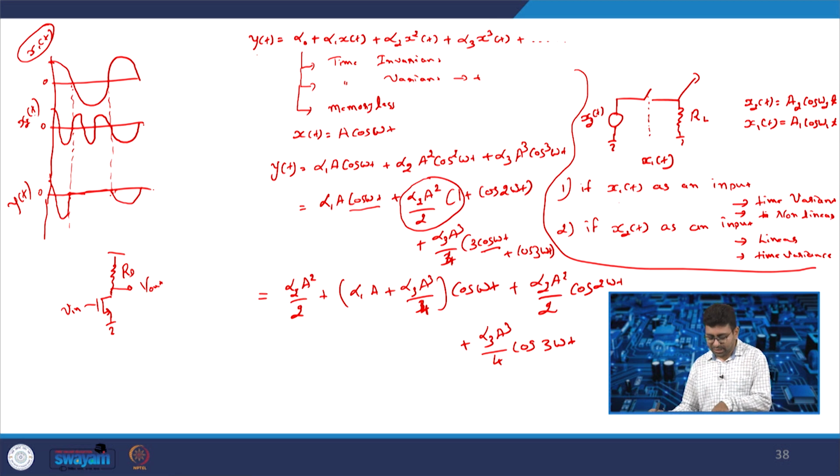So, we will try to analyze this equation here, because we are considering cos cube, it is 3 cos omega t plus cos 3 omega t by 4. So, we should consider divide by 4. Both cases it is a divide by. So, this is a DC quantity.